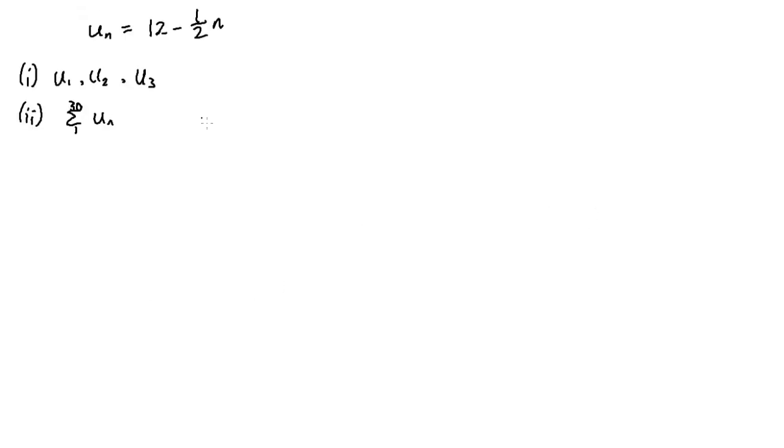Okay, so for this one, first find u1, u2, and u3. In respective cases, n is 1, 2, and 3. And so u1 will be equal to 12, take 1 times the half. u2 will be 12, take 2 lots of a half.